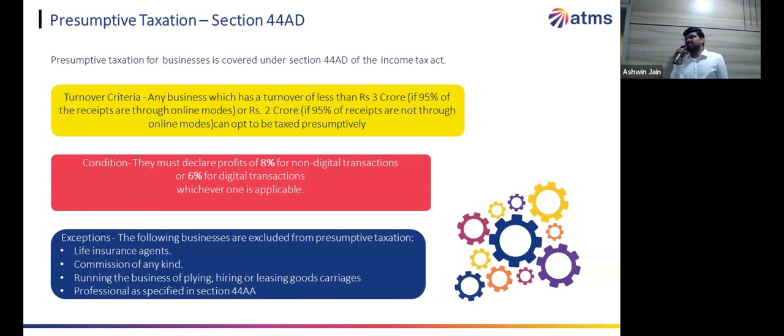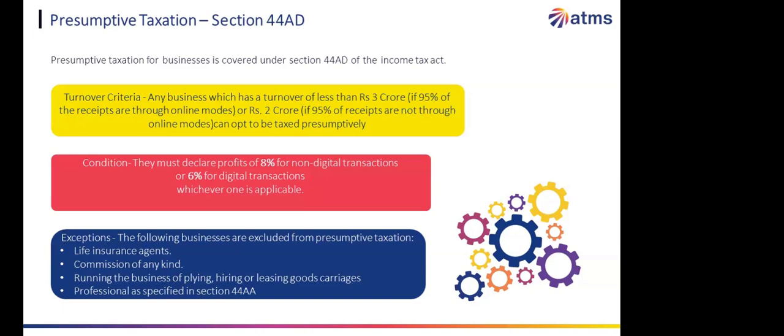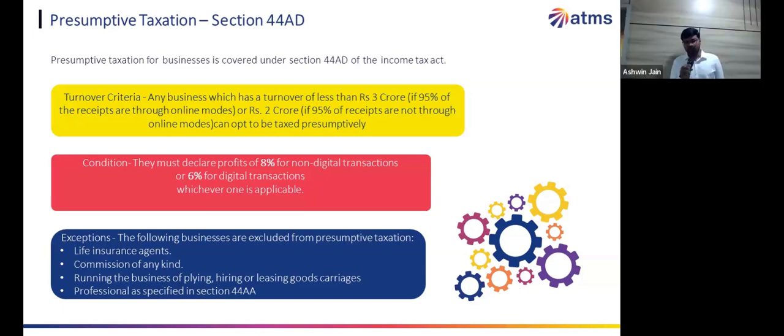Again, for a life insurance agent and all those things, the Act states that agency business is excluded. Again, the business of plying, hiring, leasing of goods is covered in 44AD, so they have been excluded from it. Apart from these 3 to 4 types of business, we can show any business over here. Lots of our clients are dealing in FNO and all those things, so you might have come across a situation where they ask whether they can offer 44AD or not.